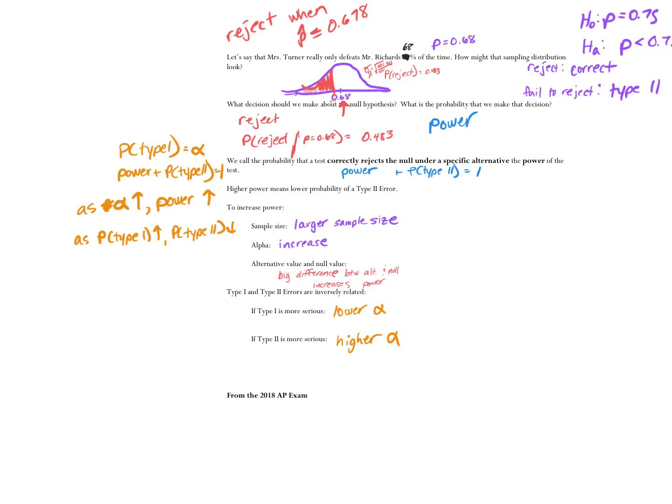And it's going to be which of the following would have the most power. And it might be p equals 0.68, p equals 0.63, p equals 0.52, etc. And power is always calculated for one specific instance where the alternative is true.